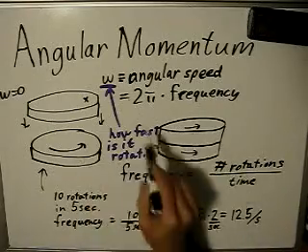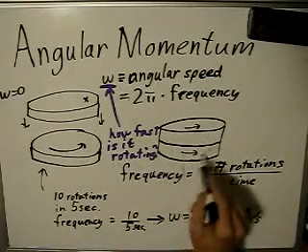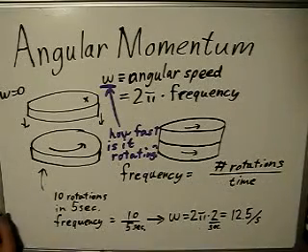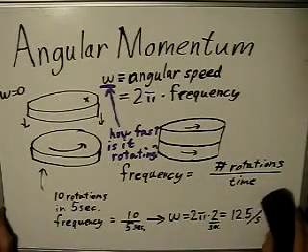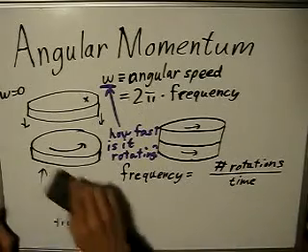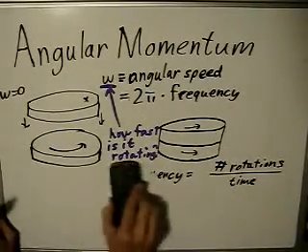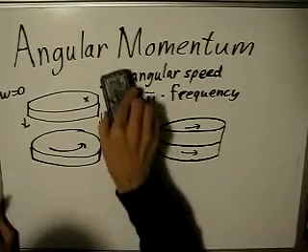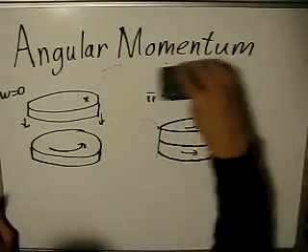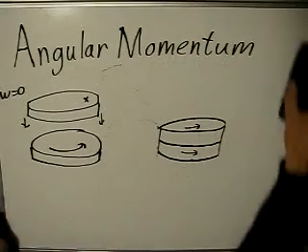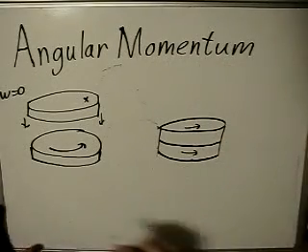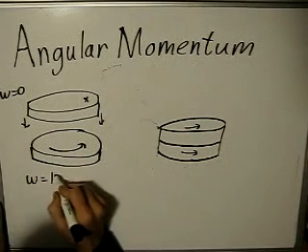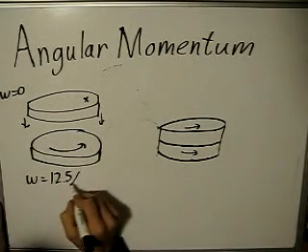Now, you may recall that in the lab we observed these plates afterwards spinning more slowly than they were at the beginning. So let me write these numbers down here. Leave the plates there. Now, suppose this one here had omega of 12.5 per second.